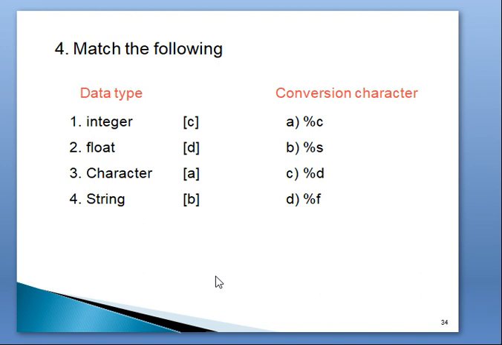Two groups are there. For integer, we use %d as the conversion character. For float, we use %f. For character, we use %c. For string, we use %s as the conversion character.